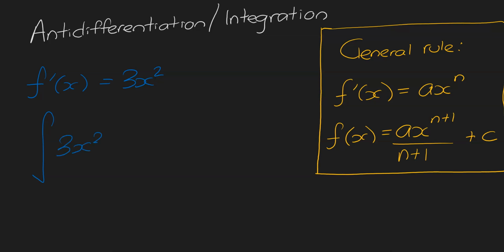We put our function in between, and we put dx. That is just saying what we are integrating in terms of. So this is like a sentence saying we are integrating 3x squared with respect to x.